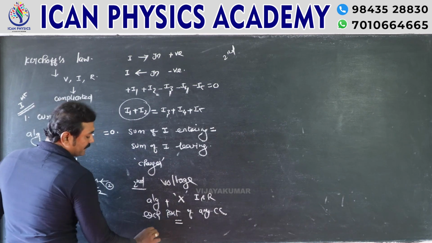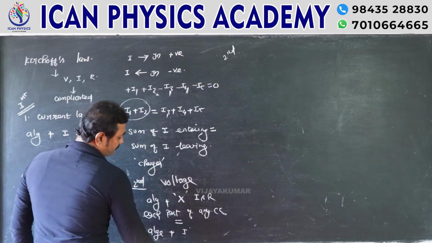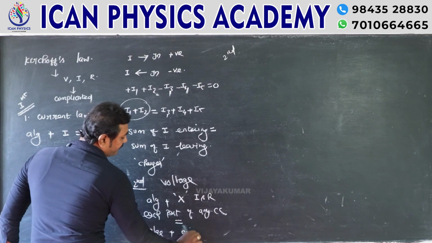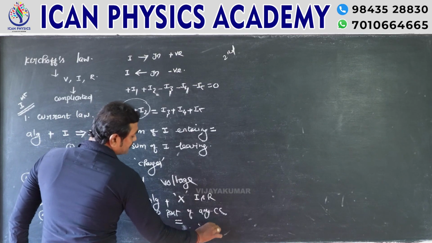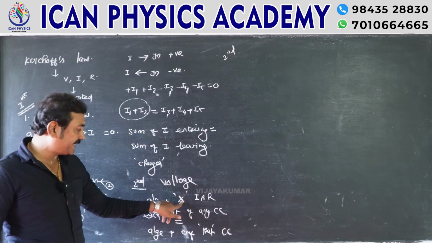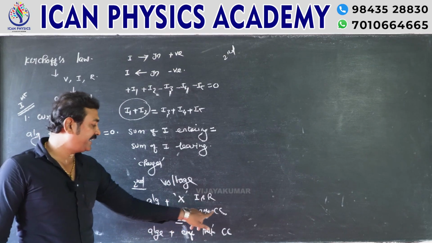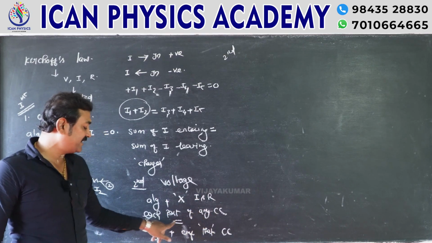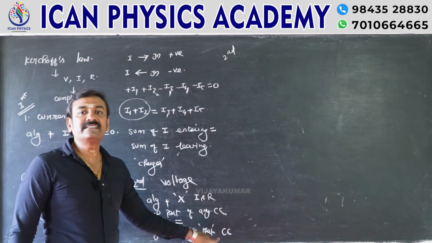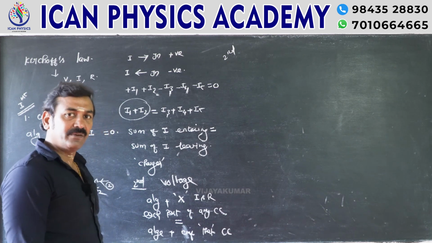Algebraic sum of product of current and resistance in each part of any closed circuit is equal to algebraic sum of EMF in that closed circuit. Okay, do you get it now? Do you have any doubts?